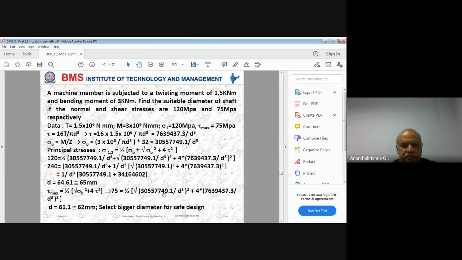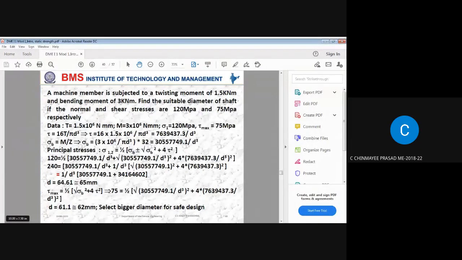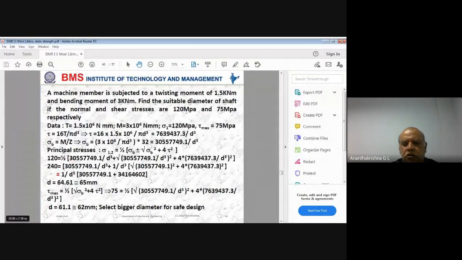Just note down the problem. Noted down? So should we note down the working also? No. Just note down the problem. Okay, sir.